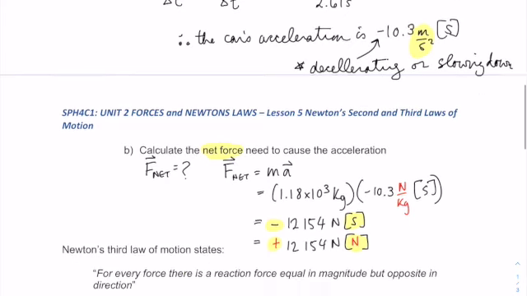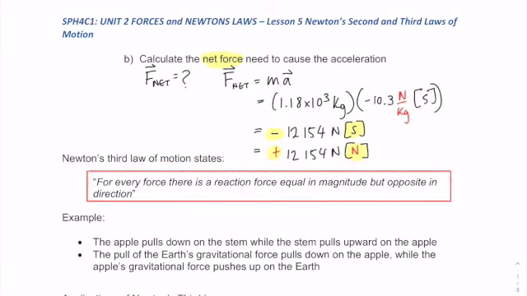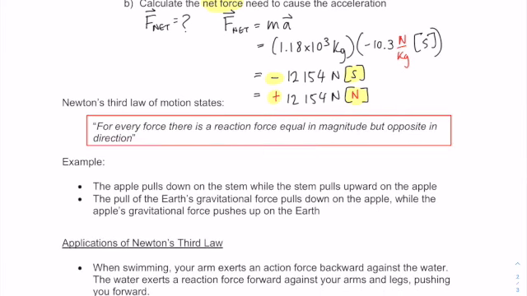Now let's take a look at Newton's third law of motion. Newton's third law of motion states, for every force, there is a reaction force that is equal in magnitude but opposite in direction. Some examples. The apple pulls down on the stem of a tree while the stem pulls upward on the apple.